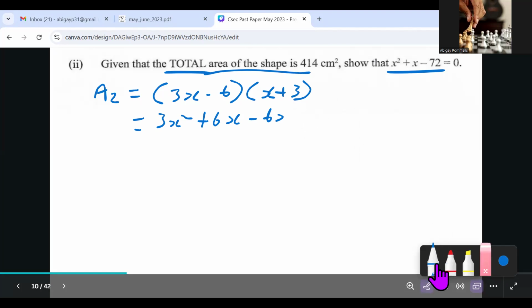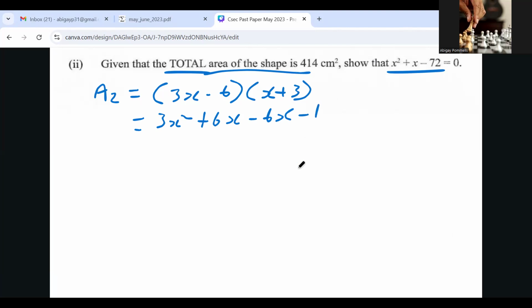Subtract 18. 3 times 6 is 18. And then we cancel out all of the like terms, so that will give us 0.